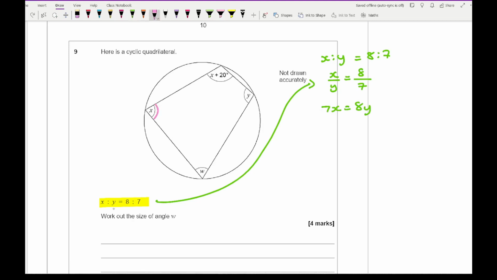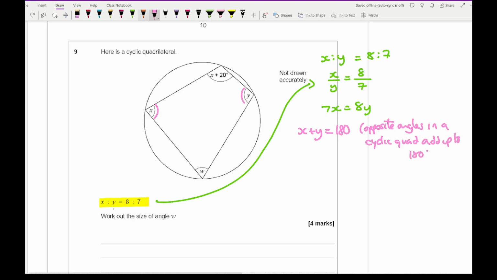Now what I know is that as it's a cyclic quadrilateral, x plus y equals 180 as opposite angles in a cyclic quadrilateral add up to 180 degrees.